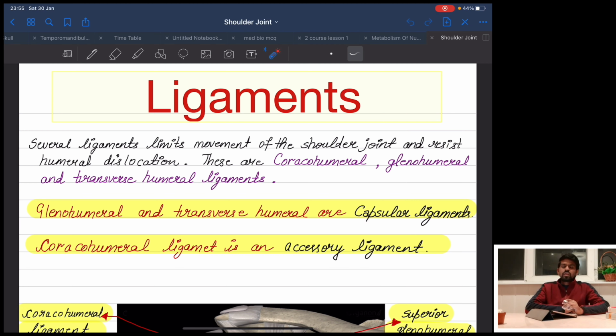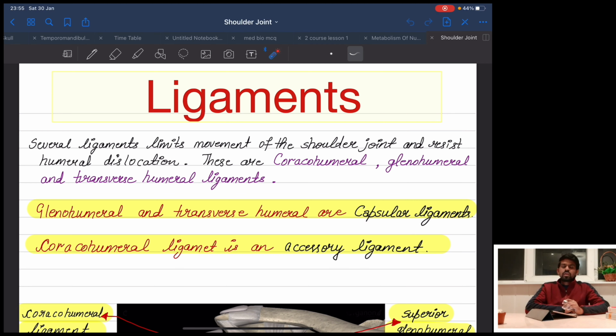Now you can see in the diagram the different types of ligaments present in the shoulder joint. Firstly, this is the coracohumeral ligament. This is the transverse humeral ligament. Now, the glenohumeral ligament has three parts.